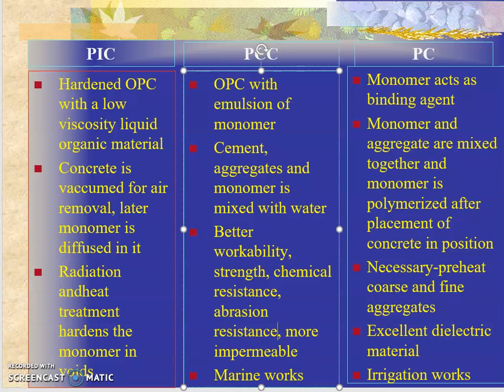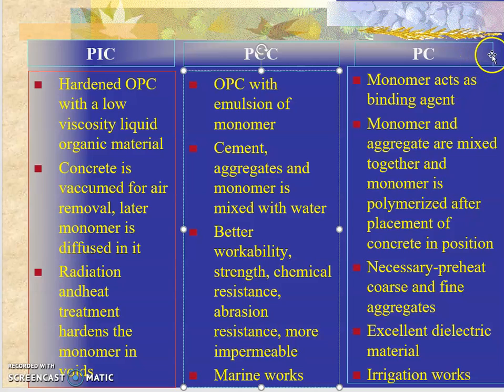Okay. Now, pre-treatment is there. So what you need to do is, before you start mixing the concrete, you need to preheat coarse and fine aggregates. Okay. This serves as an excellent dielectric material, meaning they have a very good thermal coefficient. Very good in the sense they have a negative thermal coefficient.